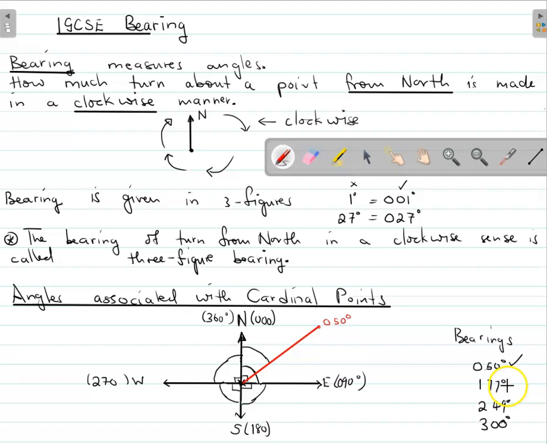Right, next, a bearing of 177. Now you can see 177 is bigger than 90, but less than 180. So it is between these two. It is somewhere here. So understanding the cardinal directions that they have 0, 90, 180, 270, and 360 helps you to locate the position of a certain bearing.